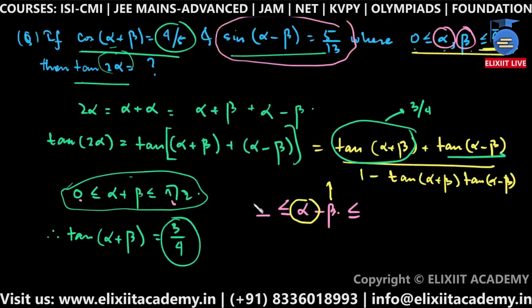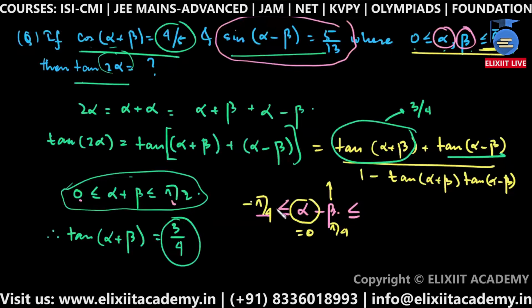So when beta is maximum, pi by 4, and alpha is 0, you will get the minimum value. So 0 minus pi by 4 is basically minus pi by 4. This is the minimum value we find in this case of subtraction.